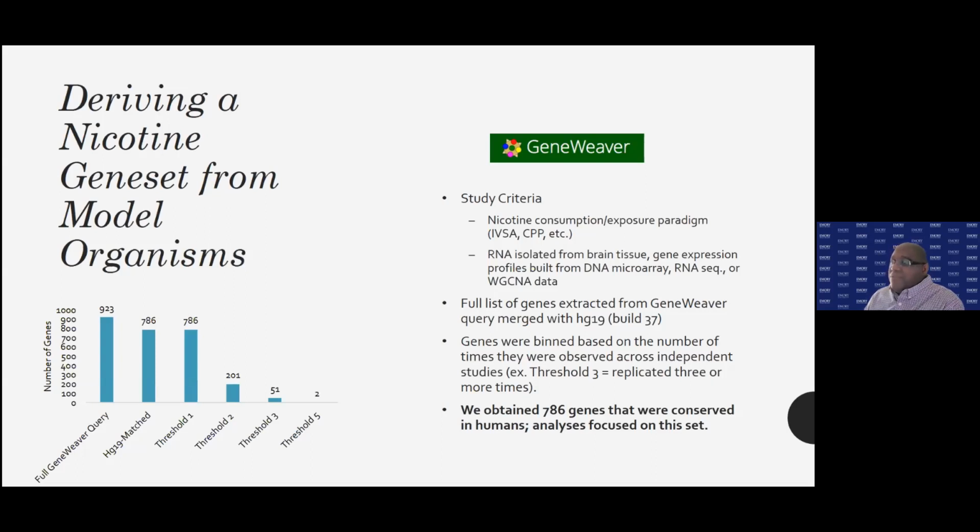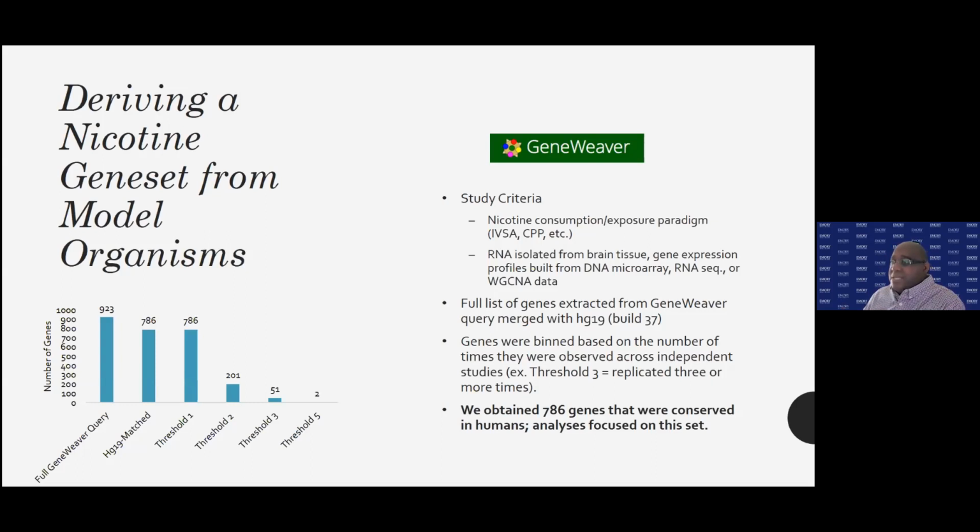And so as shown on the left, one of the things that you see is that not many of these genes actually replicated, and most of our genes actually came from a single study that was done in both C3H and B6 mice, right? And so one of the things that we've been working on over the years is, can we come up with different thresholds for determining a confidence about a line of evidence.